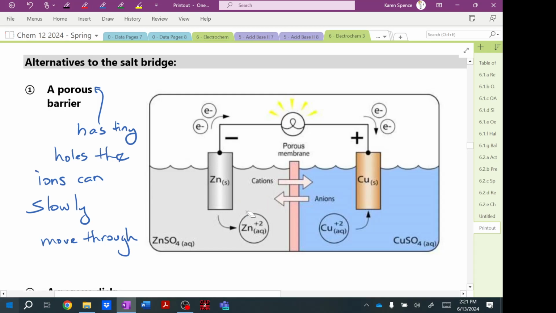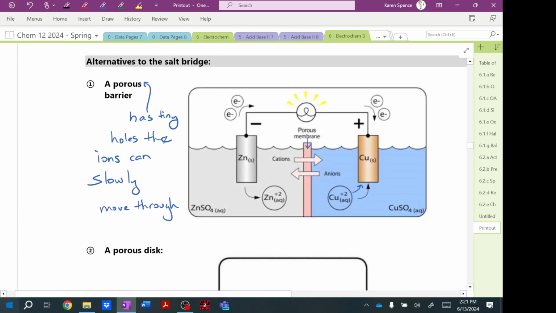Now, the nice thing is that once this is all connected up, the copper ions are actually being dragged towards the copper electrode, so they won't tend to migrate the wrong way across the salt bridge. They want to move towards the copper. Okay, so that helps keep them separated. So all you need is to slow down the movement and you'll be good.